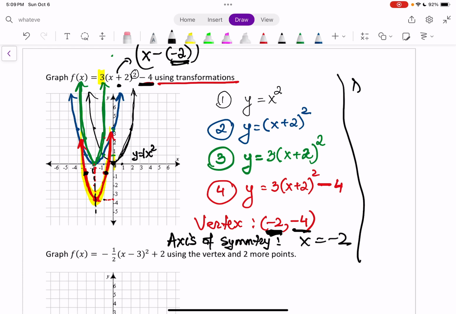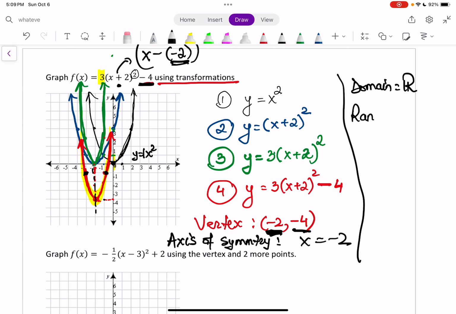We can even read the domain and the range of the graph, so I'll take this aside. This is going to be part of questions you will need to answer for a test, and also for homework. The domain is all real numbers, as the graph will slowly but surely stretch all the way left and all the way right.